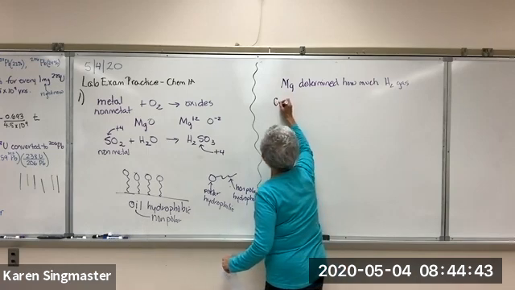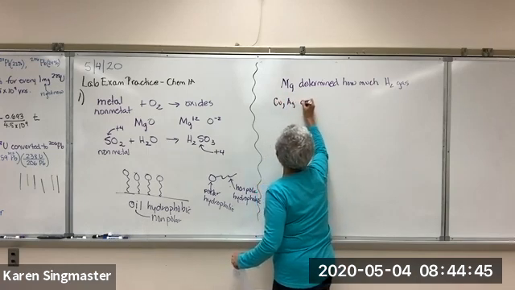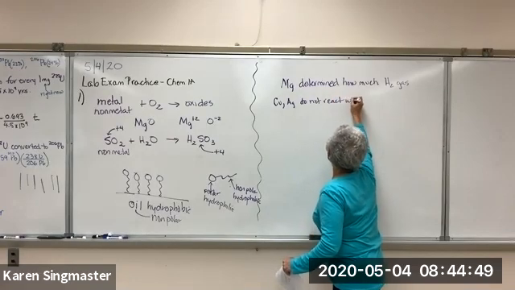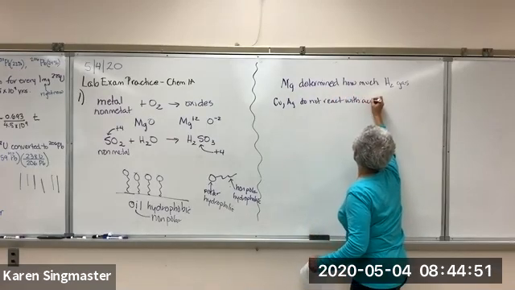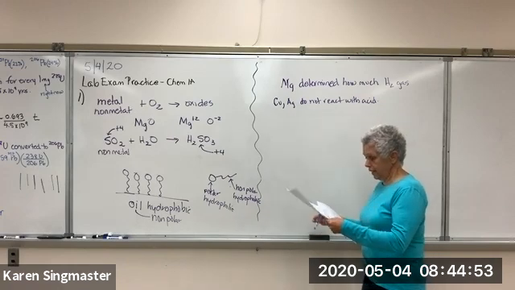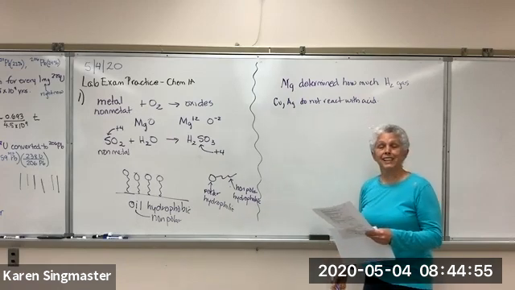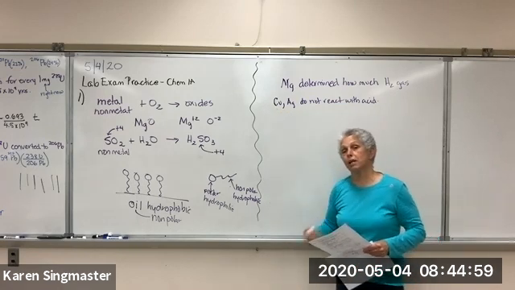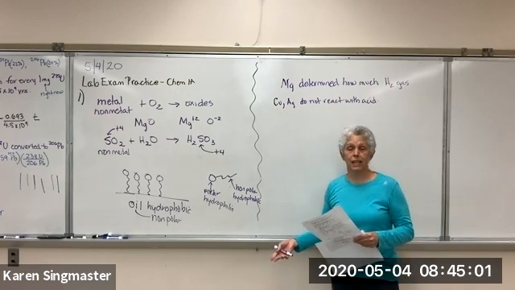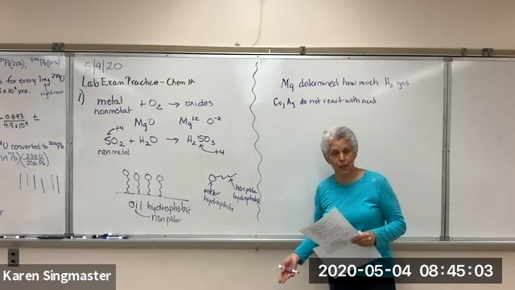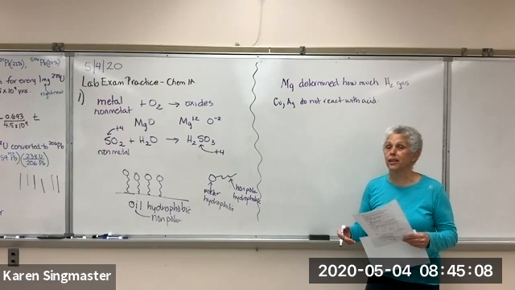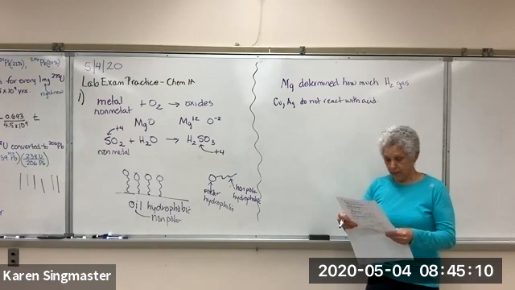However, Cu, Hg, and Ag do not react with acid. So then there would be no effect in R if you substitute. Now, if you substitute it with aluminum or zinc, or any of the metals that do react with acid, then your experiment would have generated an R that was off. Okay?